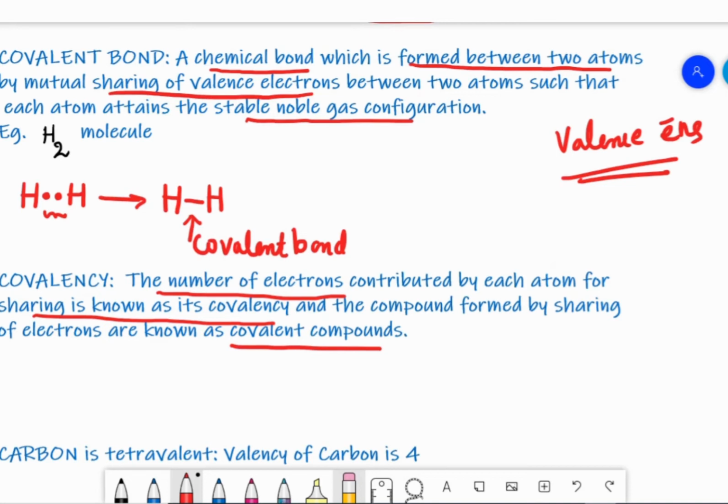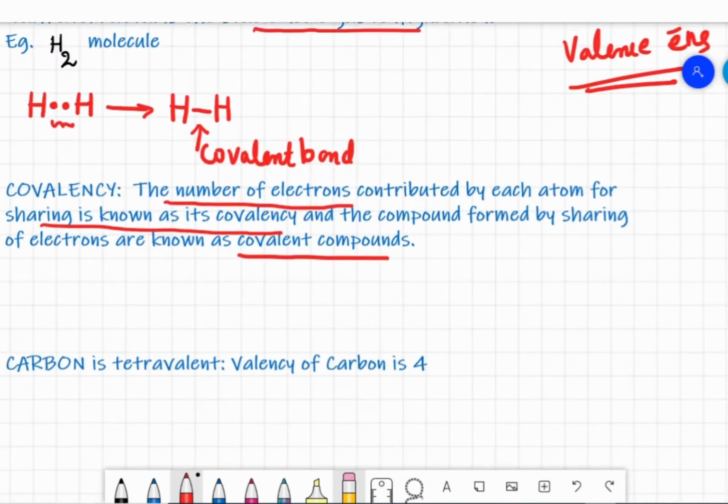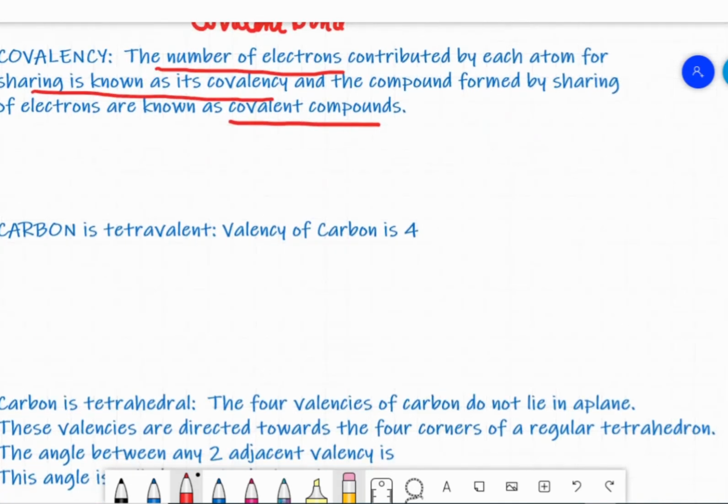Our topic is carbon compounds, and we are going to explain why carbon forms covalent bonds. Carbon, you already know, is tetravalent. Tetra means 4 and valent refers to valency, so the valency of carbon is 4.